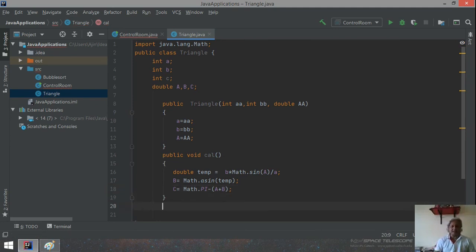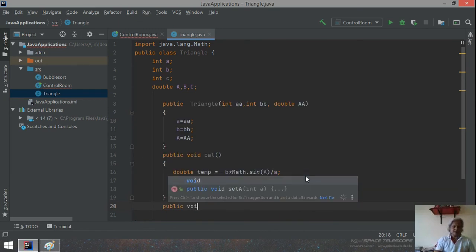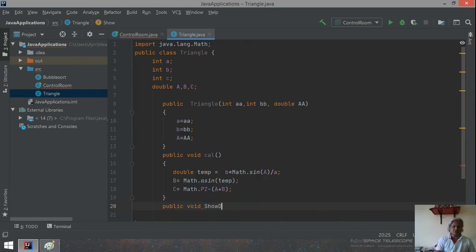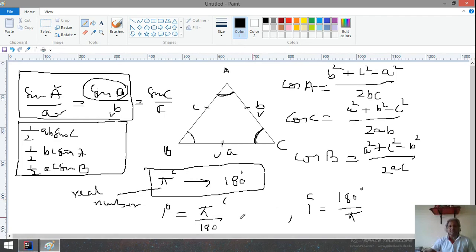Now if you want to see, then I can make a function like that: public void showDegree. This function will simply convert all the angles into degrees. Now how? System.out.println, and then I write "angle A equals" plus, and we have A in radians, and the notation is that radian should be converted into degrees by multiplying it by 180 divided by pi.